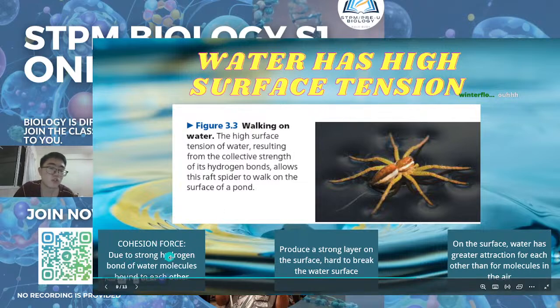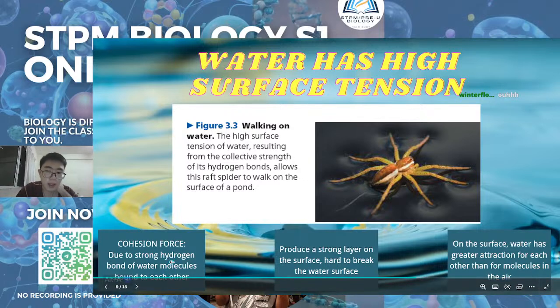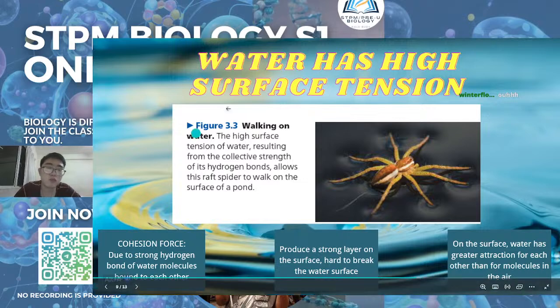The hydrogen bonds of water molecules at the surface bind strongly to each other. Within the depth of the water, normally the hydrogen bonds do not bind very strongly, but at the surface the hydrogen bonds bind very strongly to each other. So that is why it provides high surface tension.